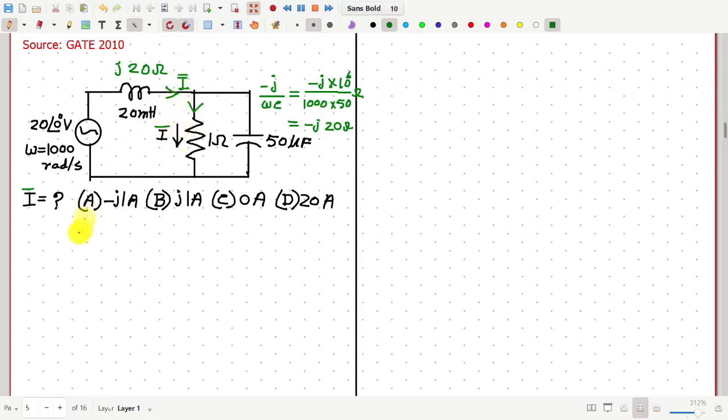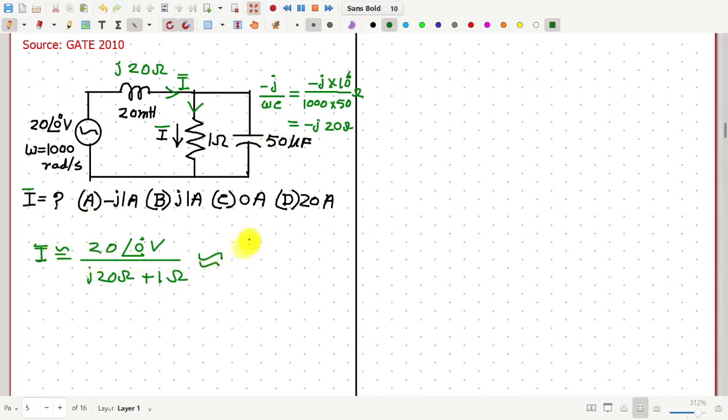Then we can find the value of I bar equal to this voltage, 20 angle 0 degree volt, divided by the impedances, j20 ohm plus 1 ohm. And we can neglect this minus j20 ohm impedance, which is in parallel with a much smaller impedance. So this is the value of I bar approximately.